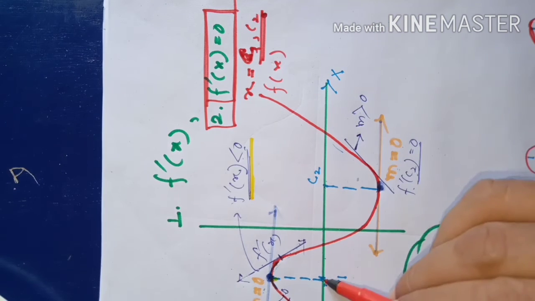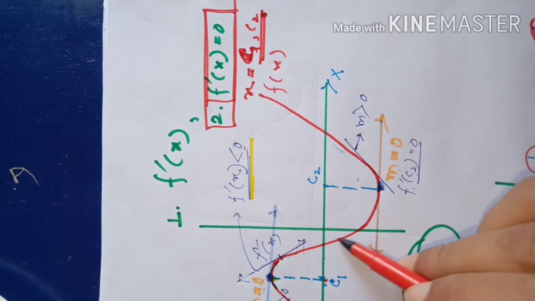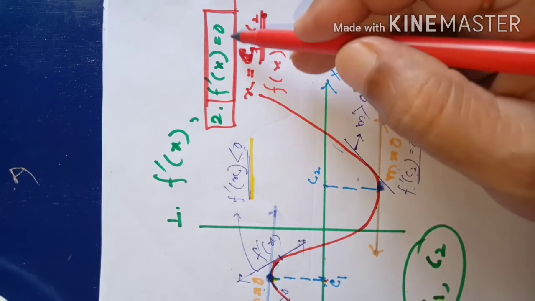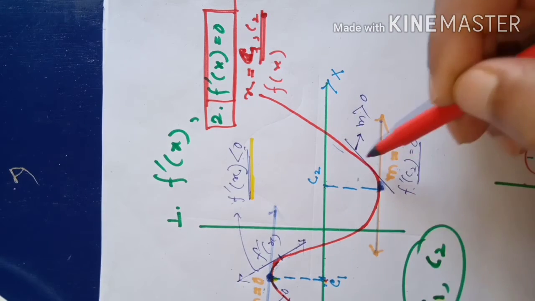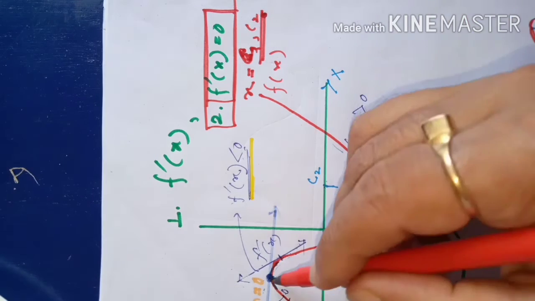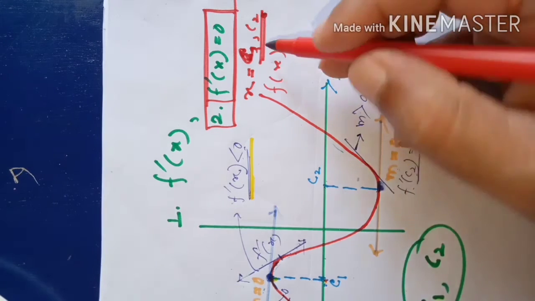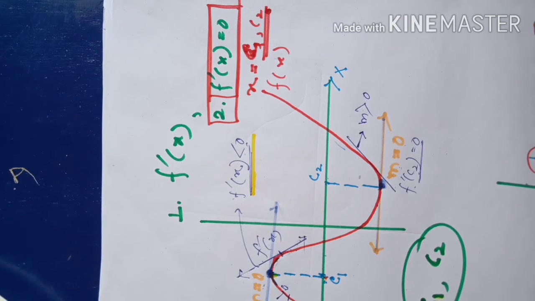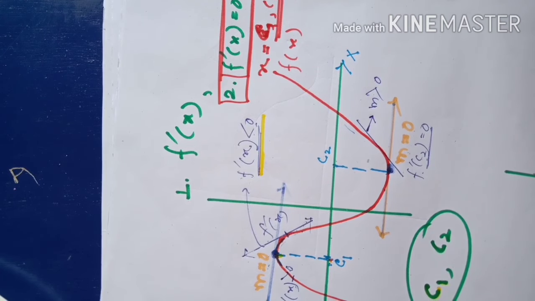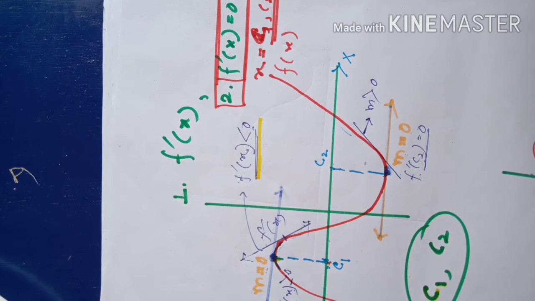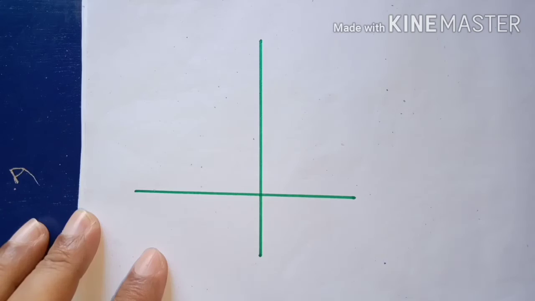Because of these turning points, after this point the function may decrease or it may increase. So these are the points which are turning points. So we have to know the turning points. Derivative is an interesting part. You can know the turning points of a graph or of a function.